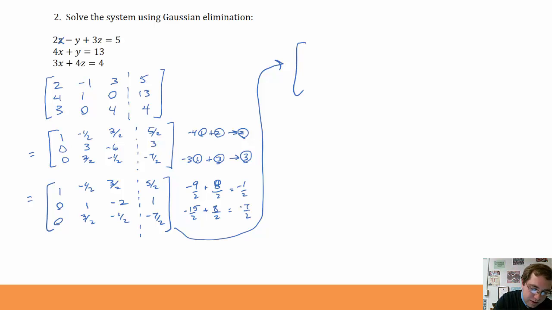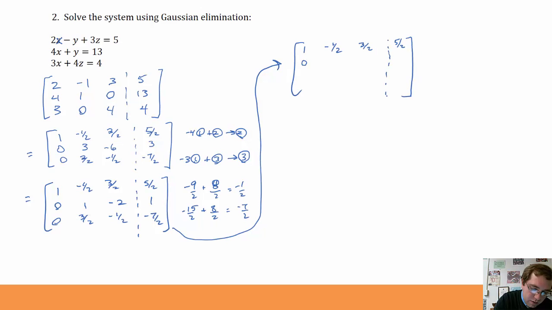So we've got in the top row 1, negative 1/2, 3 halves, 5 halves. In the second row, 0, 1, negative 2, 1. In the bottom row, we're going to multiply the second row by negative 3 over 2.